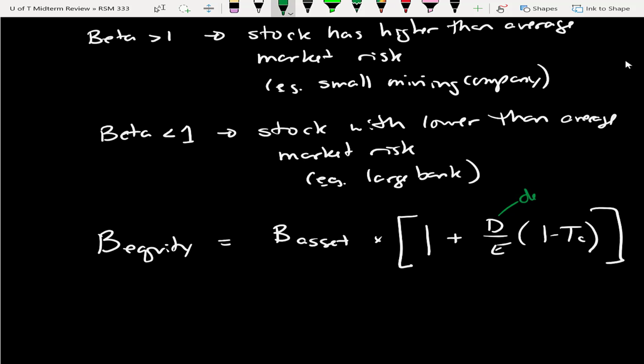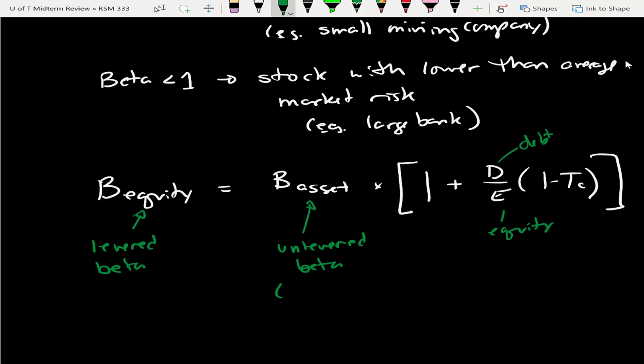D is debt, E is equity. Now asset beta is essentially unlevered beta, so you can say the two are similar. And equity beta is levered beta. Unlevered beta would mean the company has no debt.